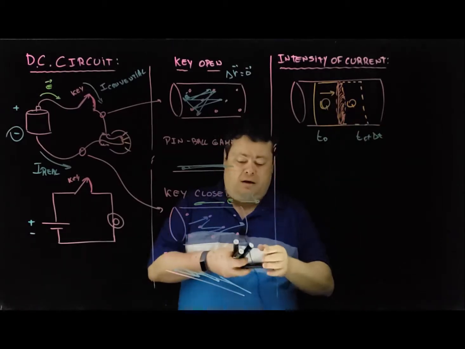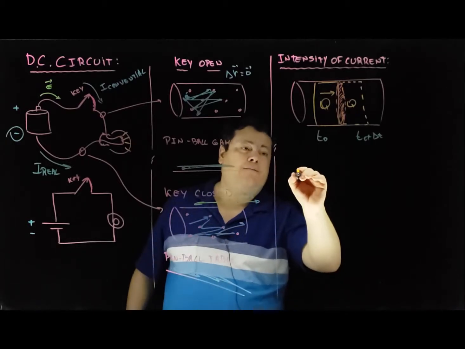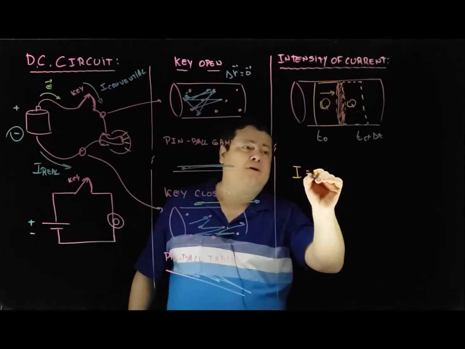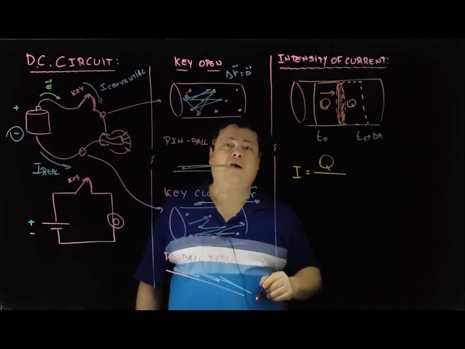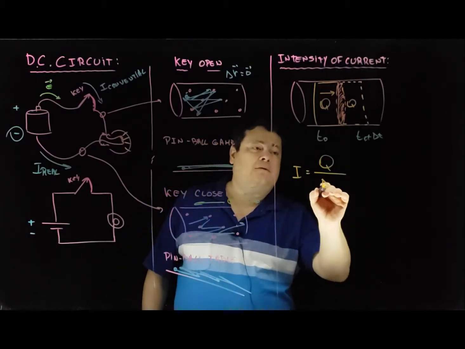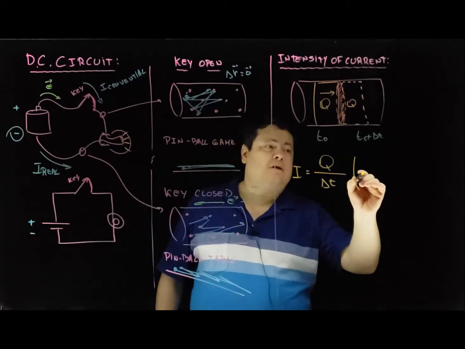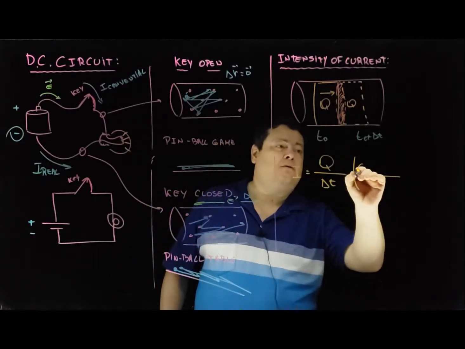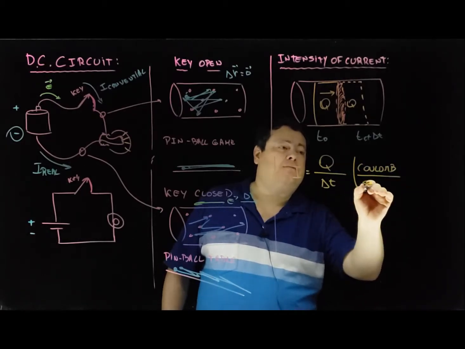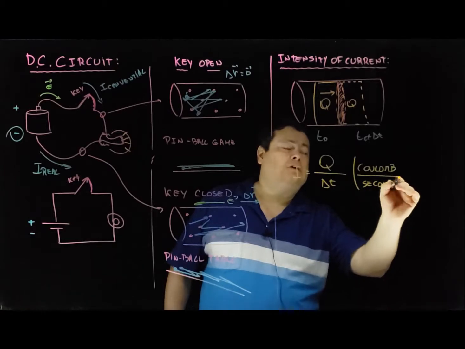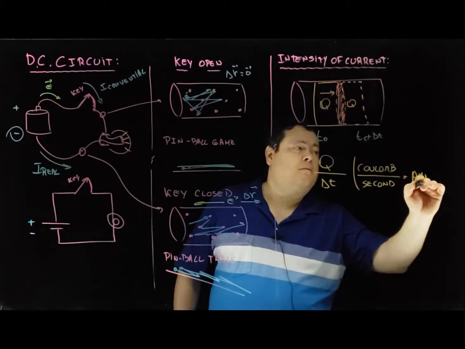Okay? And we define then the intensity of current, I, as being this chunk of charge that crosses that cross-section area divided by the time it took for it to cross. In terms of units, this is going to be given in coulomb per second. And coulomb per second receives a special name, ampere.